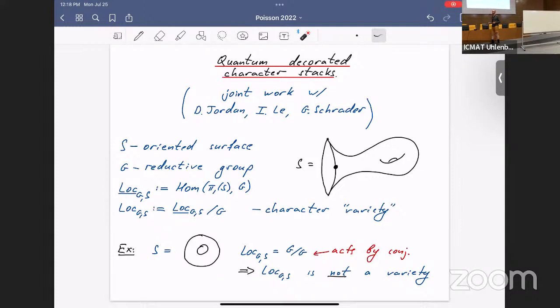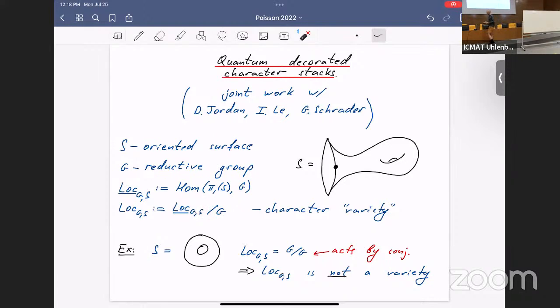These are just the homomorphisms from pi1 of the surface, the fundamental group, to G. Right? Then the character variety, quote unquote, is just the quotient of this Loc_G^S by G.